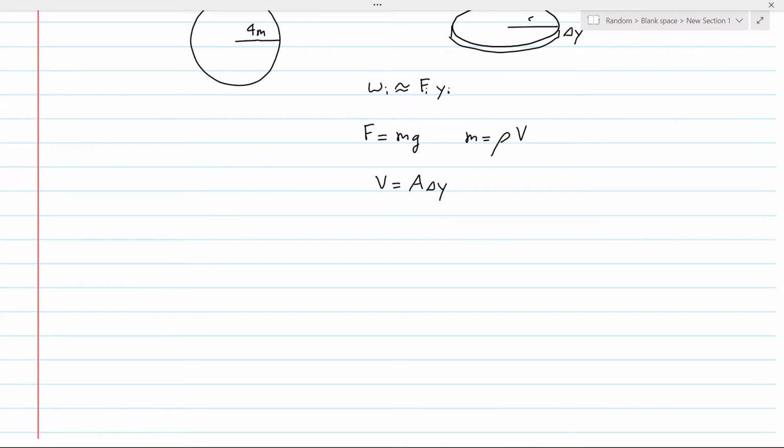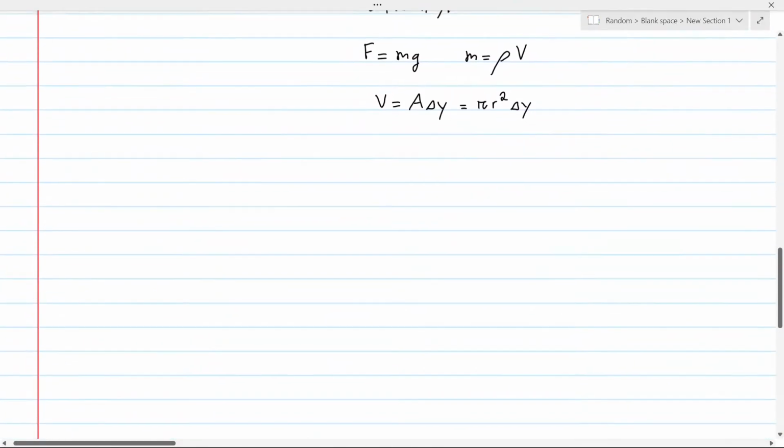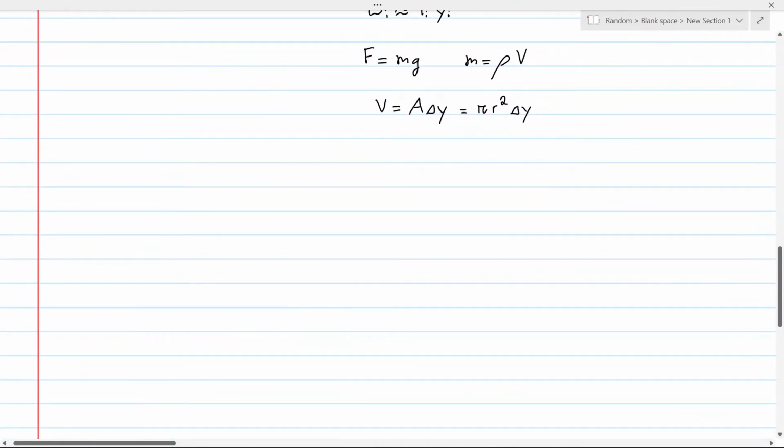And the area is going to be pi r squared. And multiply that by the thickness gives us the volume. So what we now want is a relationship between r and y. We want to go from r to y.